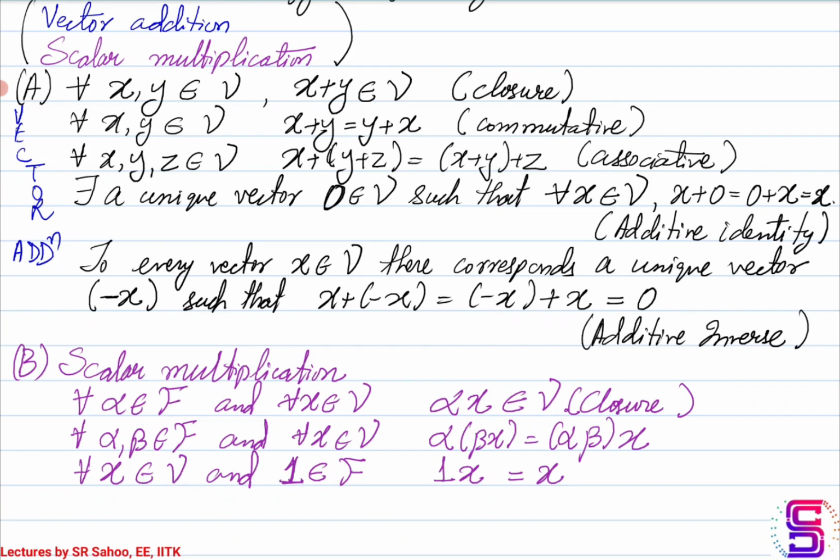This is the same as the scalar multiplication of x with the scalar alpha beta, where alpha beta is the product of alpha and beta. The third property with respect to scalar multiplication is that there is an identity element in the field, the scalar identity element that I have represented using 1, which, when multiplied with a vector, gives you back the same vector.